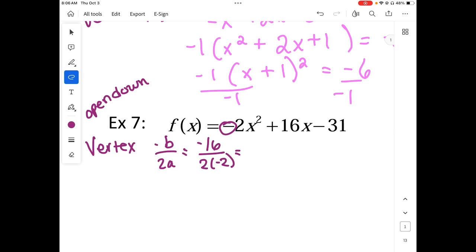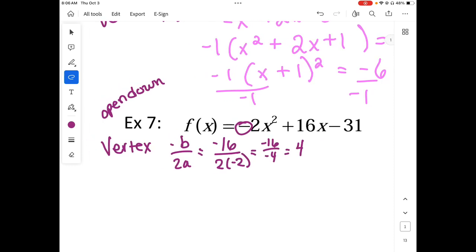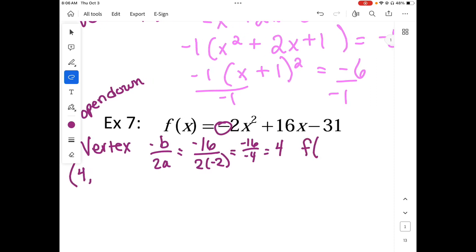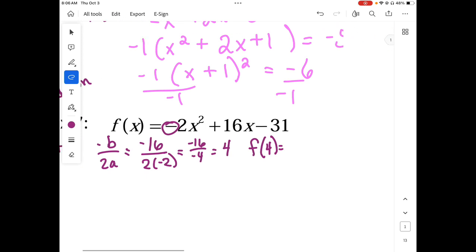So that would be negative 16 over negative 4, so it equals positive 4. So that's the x value of our vertex, so 4 comma. Now plug in that 4. So I'm just plugging it in.